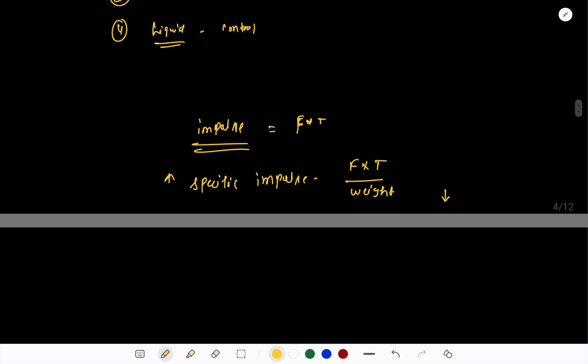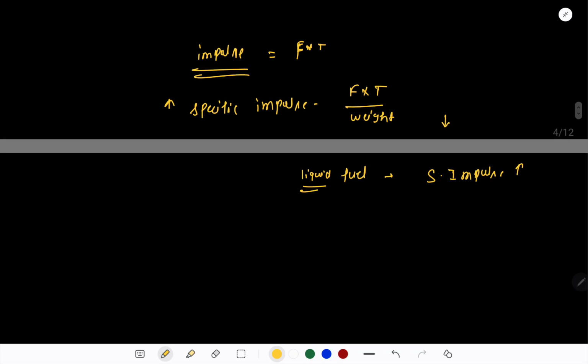The impulse will be more with the liquid engine or the liquid fuel. With the liquid fuel, the impulse, or I should say the specific impulse, will be more. Clear? Now here comes one more thing, the cryotechnology or cryo engine.